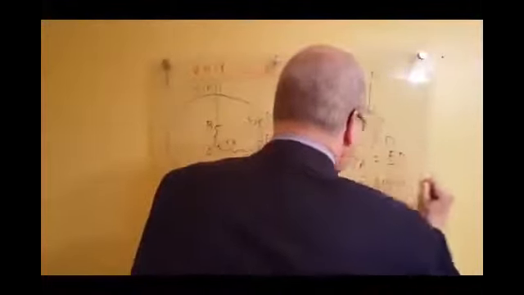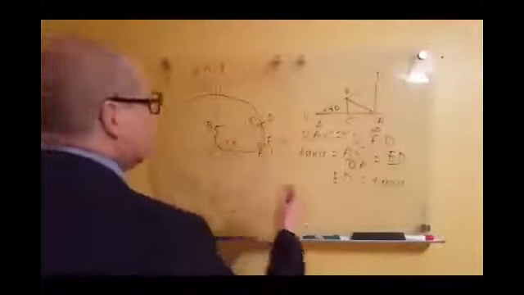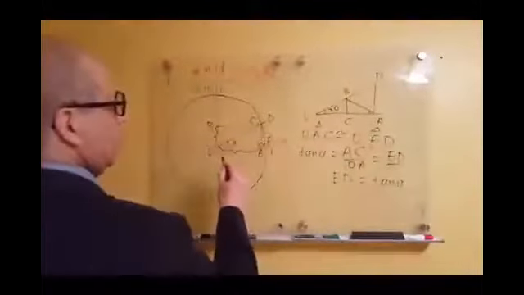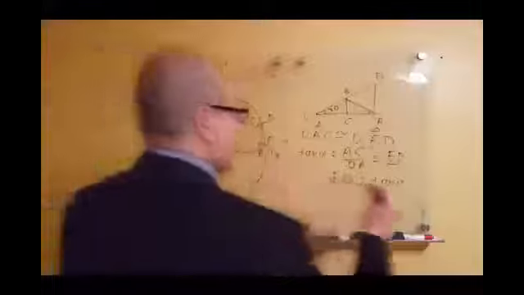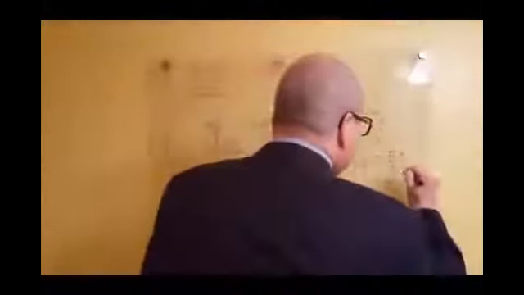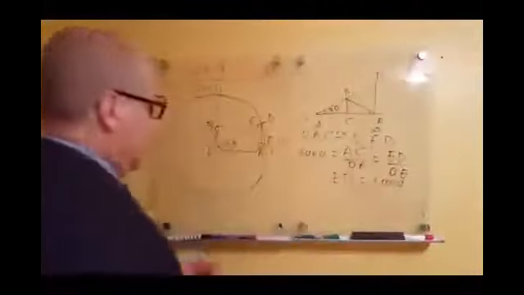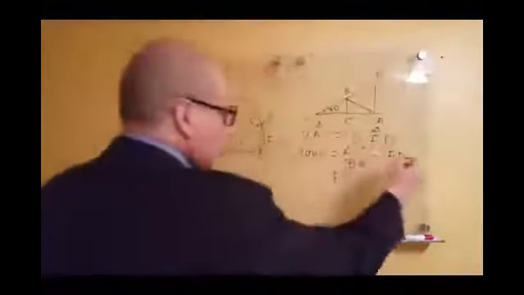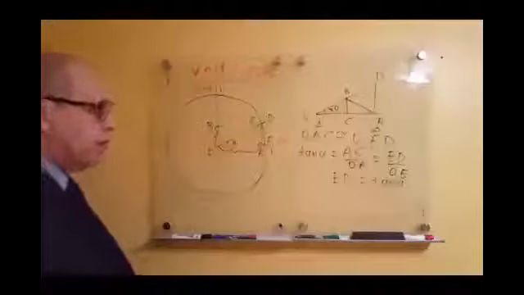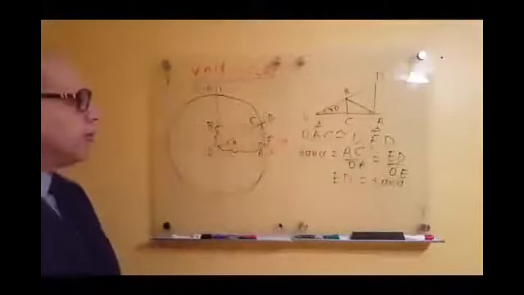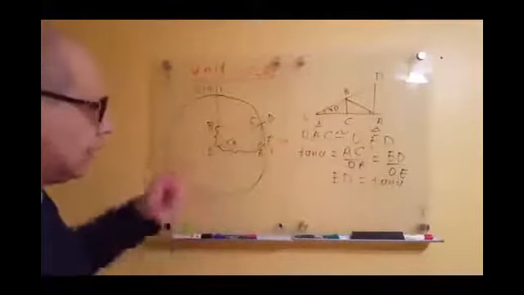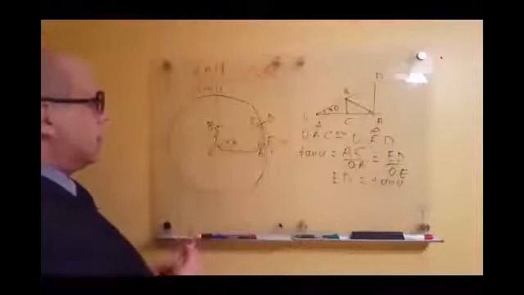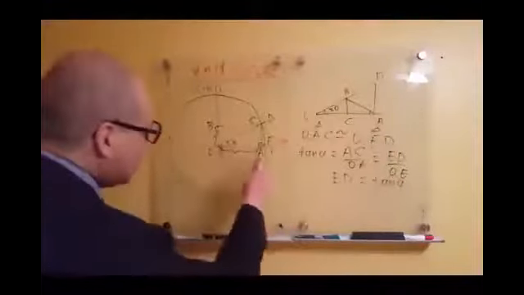It's the same ratio, ED with OE. This ratio here is equal to this ratio because of the similarity of the two triangles that we have here. And now, OE is what?